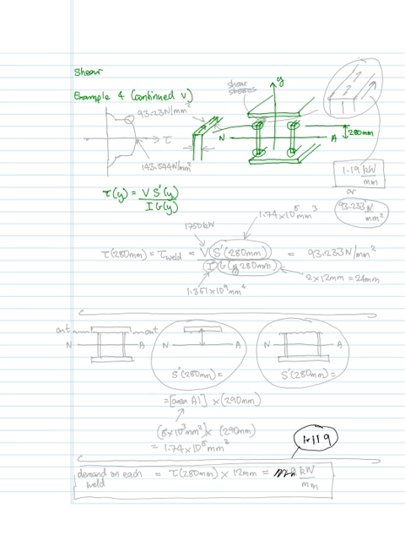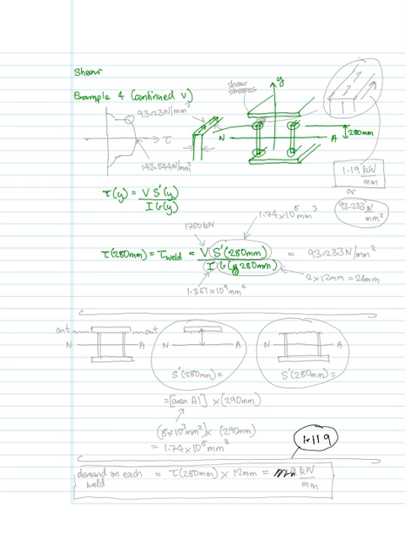So we want now to work out our value tau at 280 millimeters, and that's going to be the shear stress at the weld, and that's going to be equal to V times S dash of 280 millimeters divided by I, which is the second moment of inertia about the neutral axis, times b as a function of y, which is also 280 millimeters.